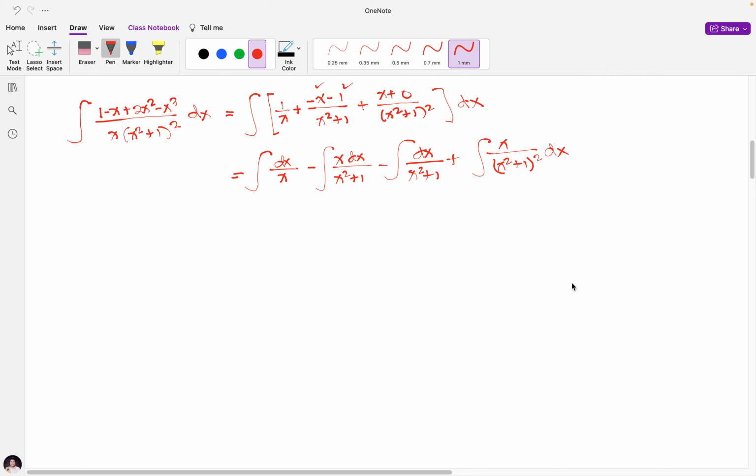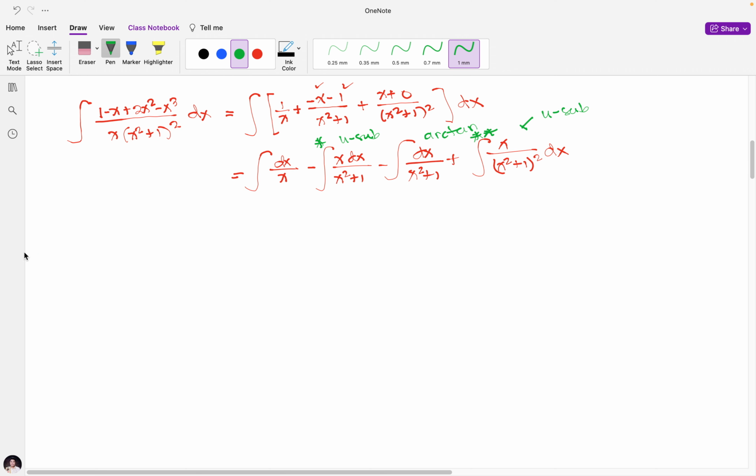So simplifying now, dito, we will just use u substitution. This one is arctan, while this one here is u sub again. So ang kailangan na natin isolve is itong first asterisk and this second.